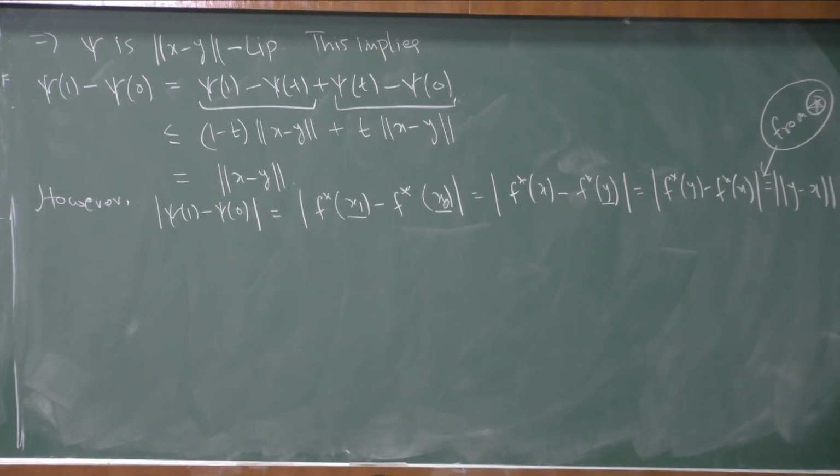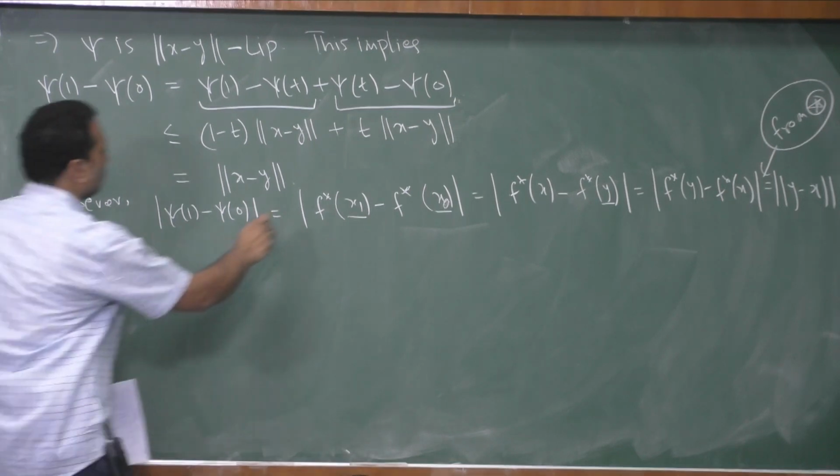Now if you compare the first one, psi 1 minus psi 0, and the second one, what do we see from there? Psi 1 minus psi 0 itself is norm of x minus y, or y minus x, whatever you want to think of. That's what we just proved. So what we proved just now is that this is in fact equal to, okay, this will be a little bit bad in the notes.